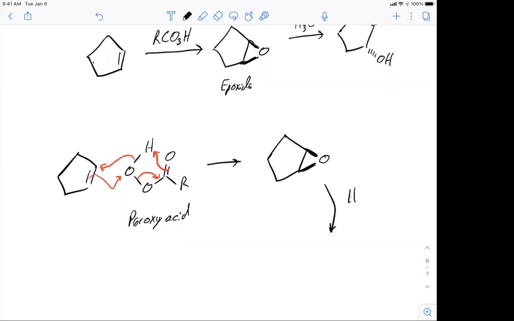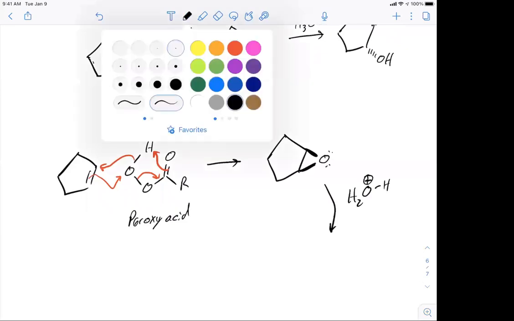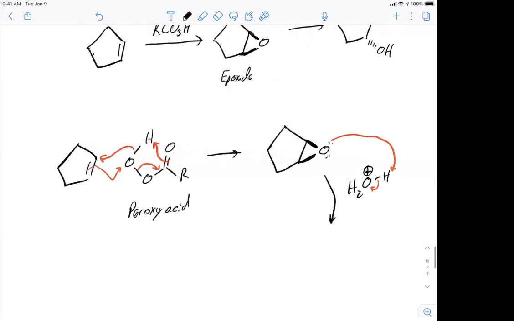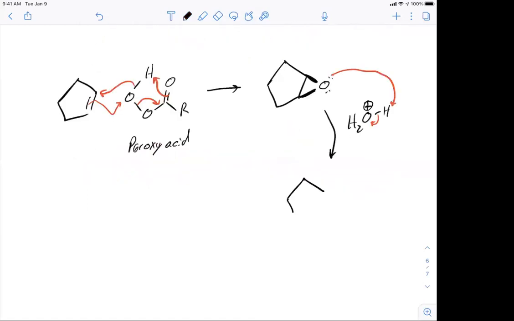And then we get our protonation. So then the epoxide is activated by protonating it. So we get a proton transfer. Once we have the proton transfer, then the water comes in to attack.